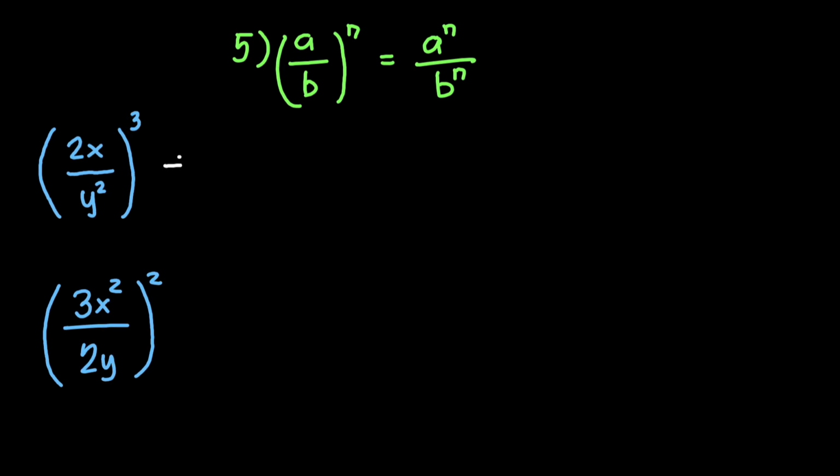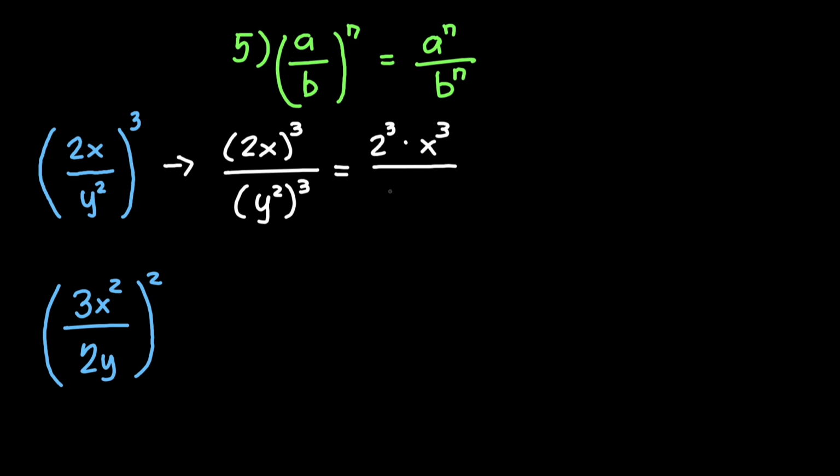2x over y squared all raised to the power of 3. It would be 2x raised to the power of 3 over y squared raised to the power of 3, which would be 2 raised to the power of 3 multiplied by x cubed over y raised to the power of 2 multiplied by 3, which would be 2 times 2 times 2 would be 8.